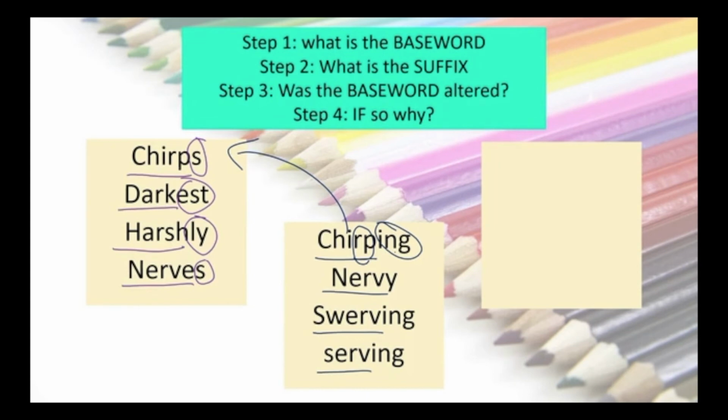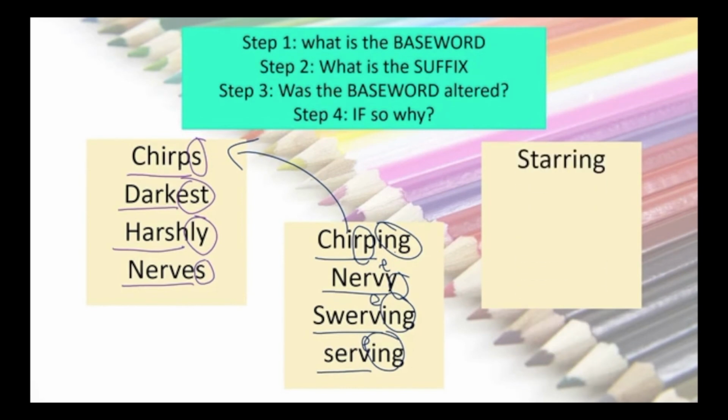Each of these words used to have an E at the end of the base word. And each of these words is now missing the E at the end of the base word. Instead, it's been replaced by the vowel suffix. In one word, a Y, and in the other two, ing. The vowel on the suffix did the job of replacing the E, which is why that has happened.